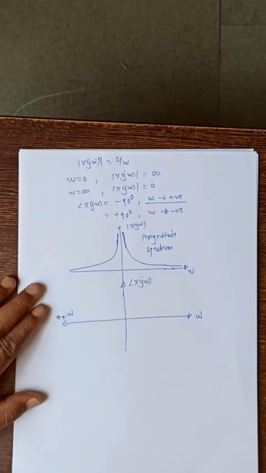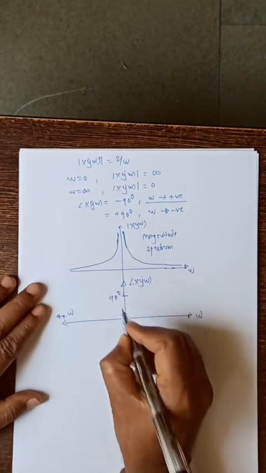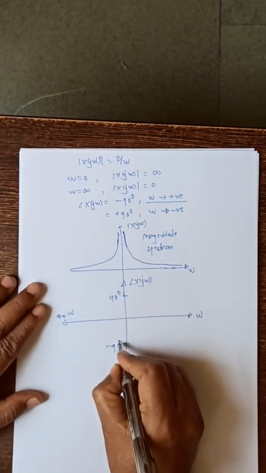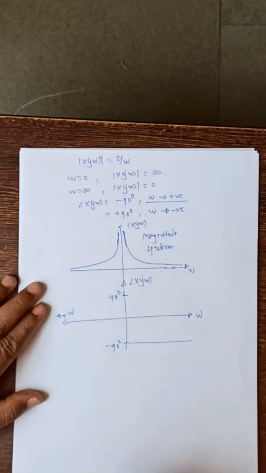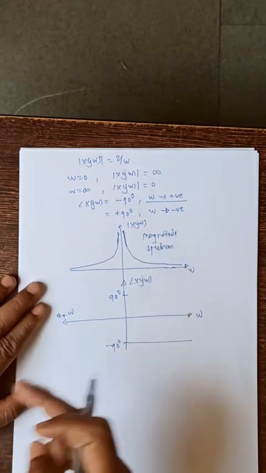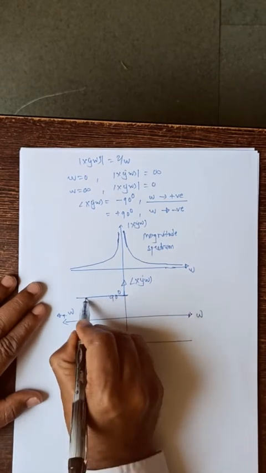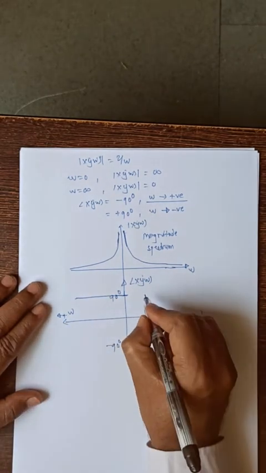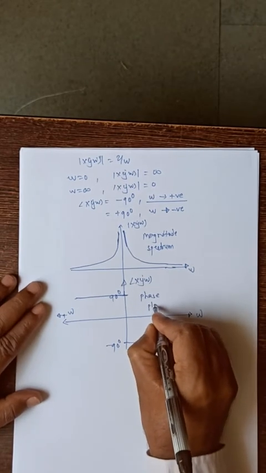So this is plus 90 degrees, this is minus 90 degrees. We have seen for positive values of omega, minus 90 degrees constant because of tan inverse of infinity, and for negative values it is equal to plus 90 degrees constant. So this is the phase spectrum, or you can say phase plot.